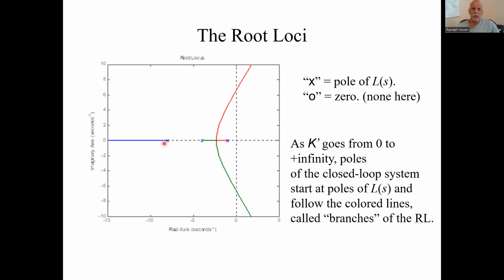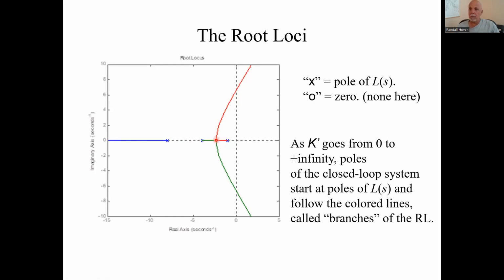This guy's a little bit further to the left, right? Then as this K prime increases, this pole starts moving that way, this pole starts moving that way, closed loop poles, and this guy starts moving left. So you still have something that acts more and more like an overdamped system because this guy moves further left, up until the point where these two poles meet in the middle, or roughly in the middle.